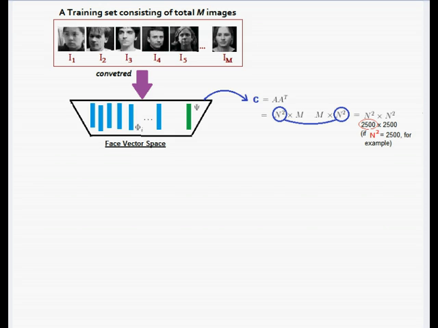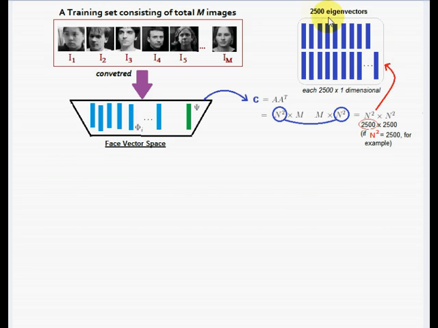And a covariance matrix this big would generate n squared eigenvectors, or principal components. We call eigenvectors eigenfaces or principal components. So a covariance matrix this big will generate all possible eigenvectors, and each will be of size 2500 into 1. That is as big as the image itself.